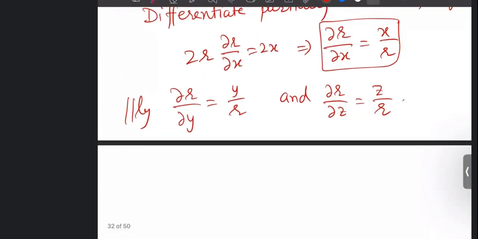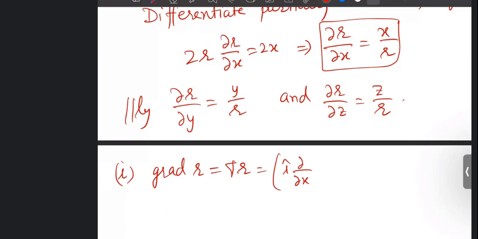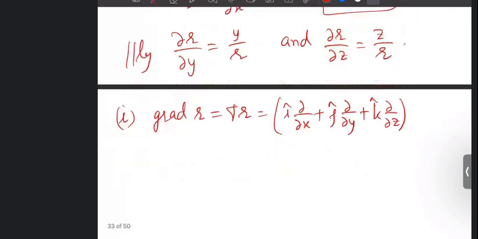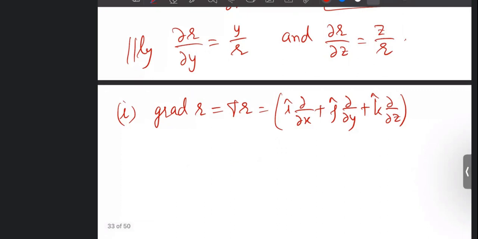Now consider the first part, that is to be determined, gradient of r. That is gradient of r, del of r. The value of del is this one, i ∂/∂x plus j ∂/∂y plus k ∂/∂z, applied on r everywhere.